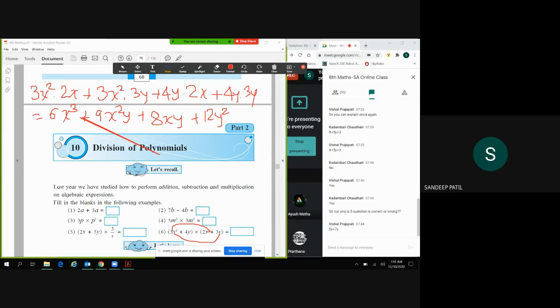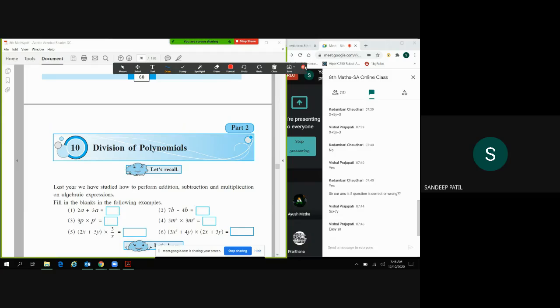If I am making any mistake, please write in the chat box also. Sometimes I make mistakes, so don't hesitate to write it down in the chat box. But this is the answer. So we can see the terms here: 6x cube, 9x square y, 8xy plus 12y square. Okay, so yeah, this way we can do multiplication.